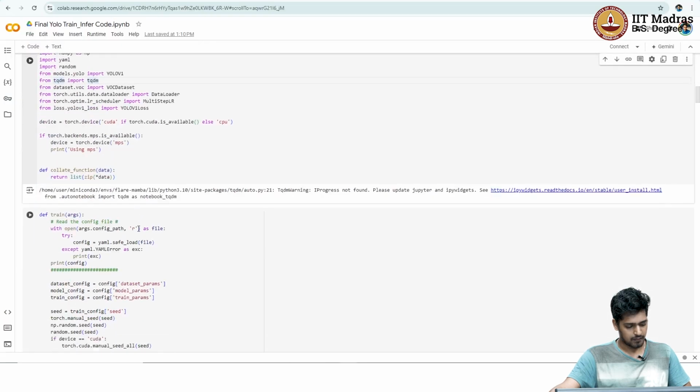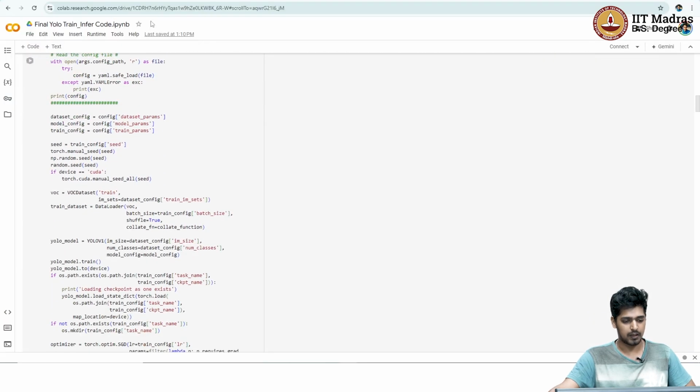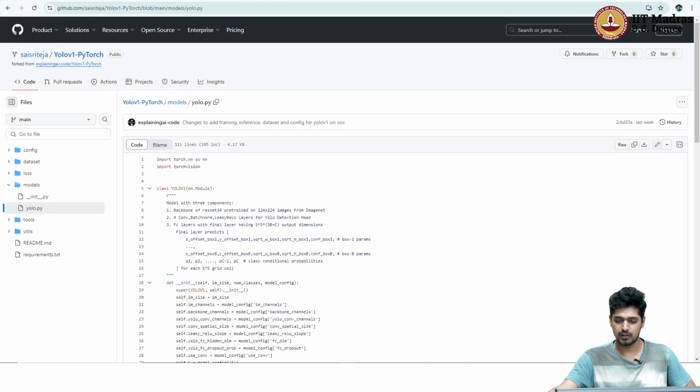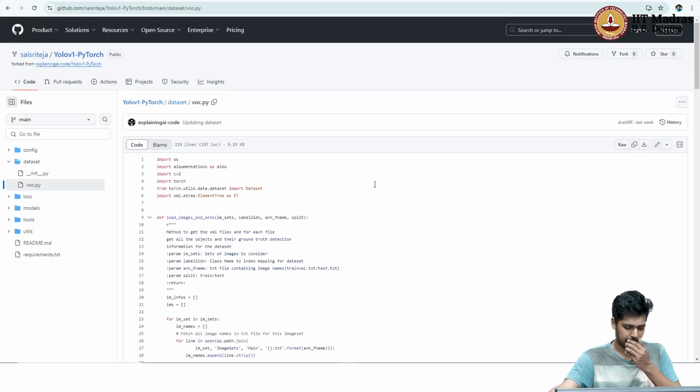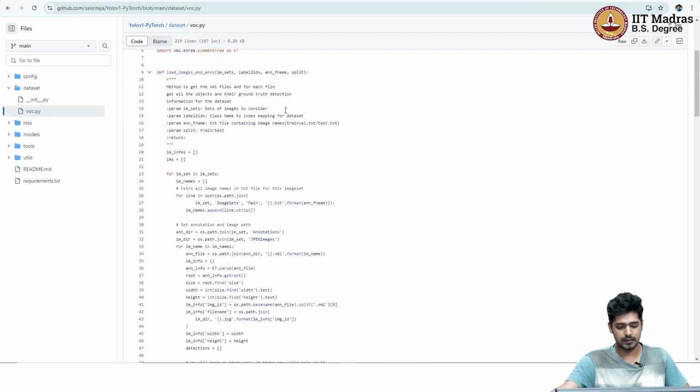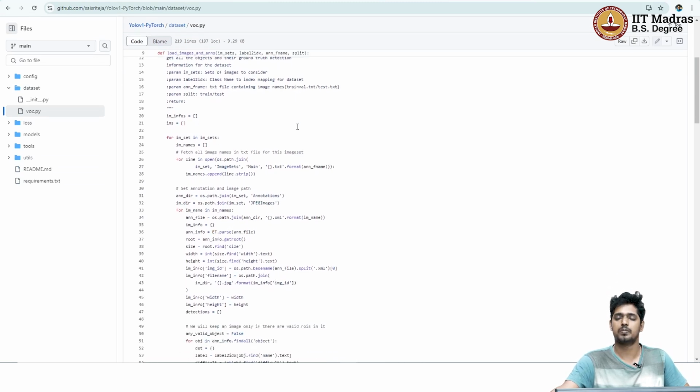Yeah, so I have done the imports already. I am gonna quickly skim through the model architecture, the loss function, and the dataset. Let's take a look at the first thing, the dataset. So I have the dataset over here with me. In the previous session, with the Faster RCNN module, we were dealing with a CSV file.